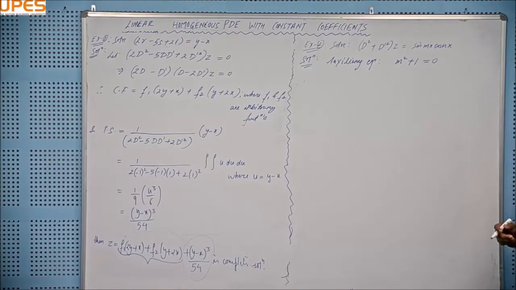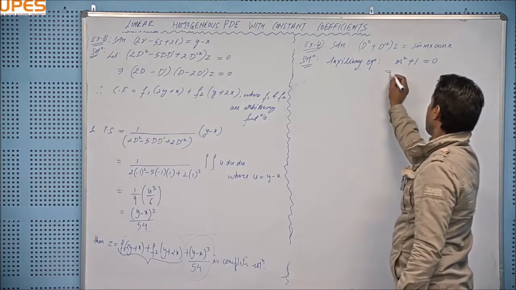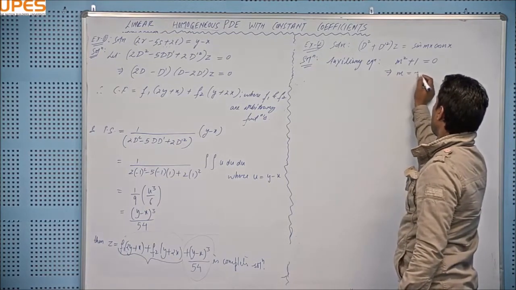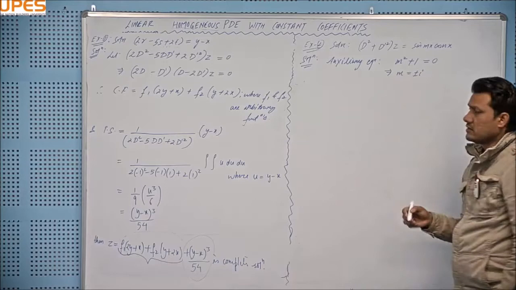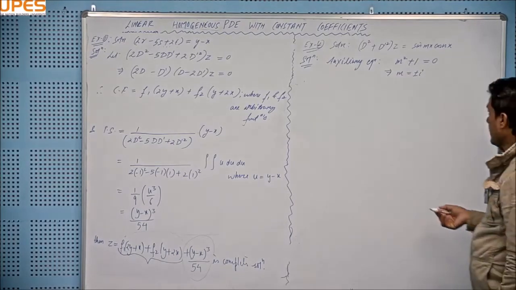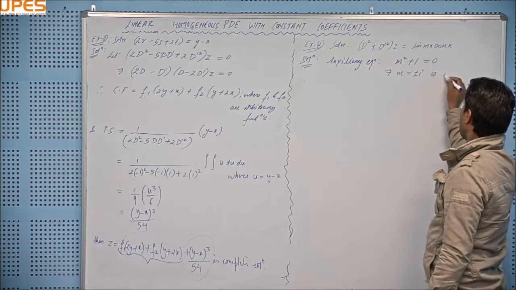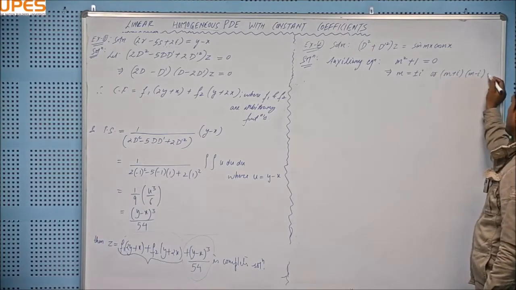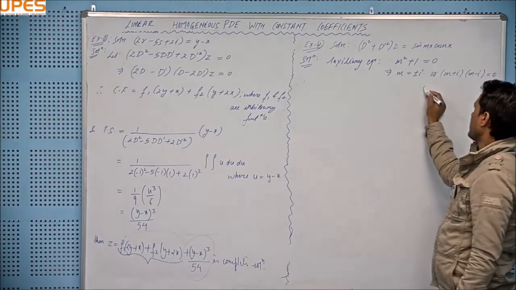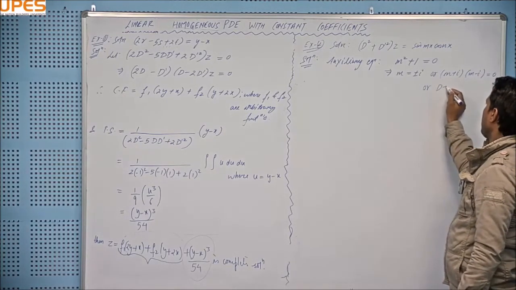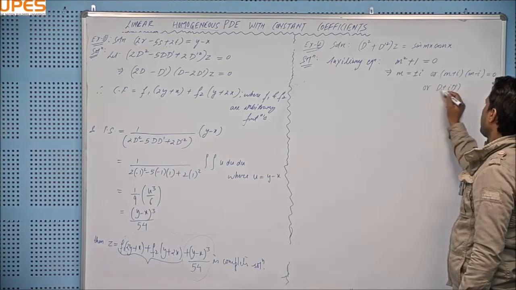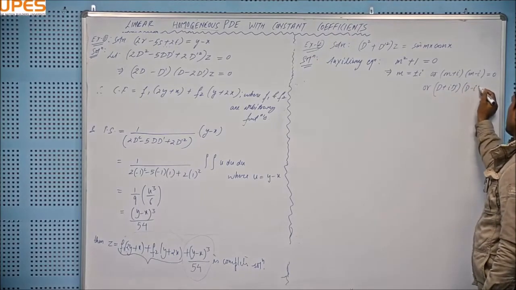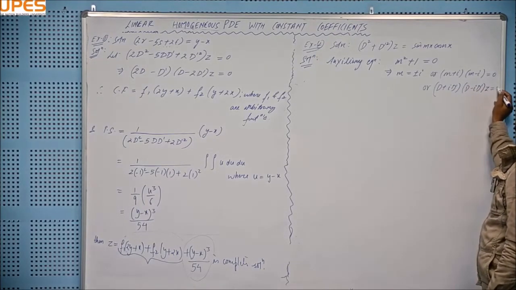So in this case this is fine, and this gives me m equal to plus minus iota after factorizing it, or you can write it this way, (m plus iota)(m minus iota) equal to 0, or one may like to write it as (D plus iota D dash)(D minus iota D dash) z equal to 0.